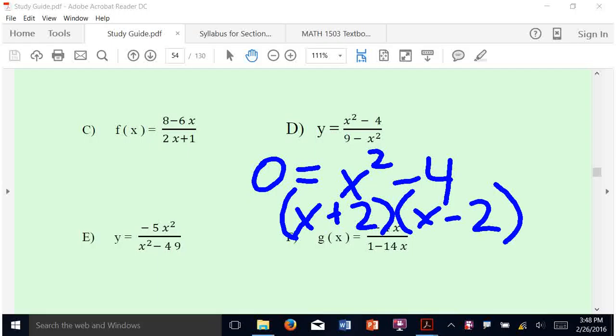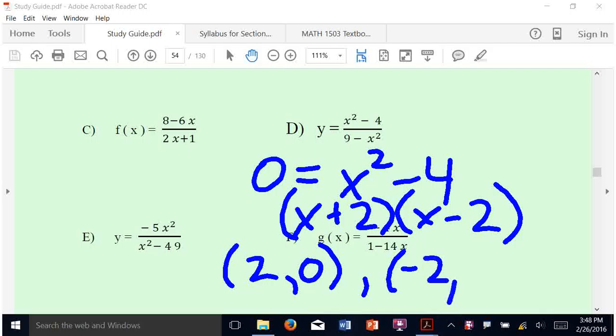So then you have x-intercepts at 2, 0, and negative 2, 0. Which really, that negative 2 comes from this factor, and that 2 comes from this factor.